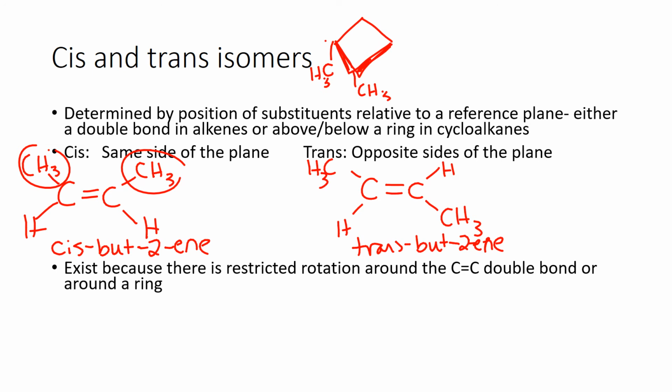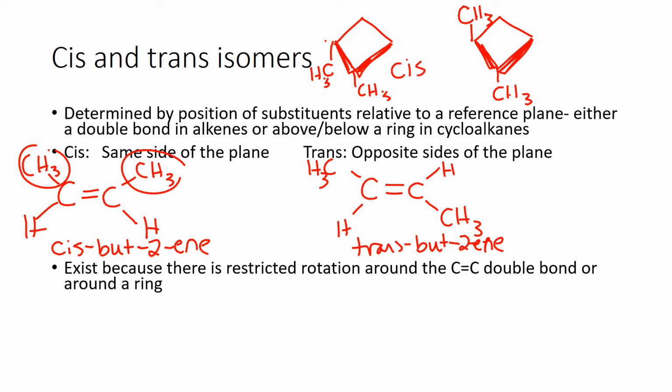And then in the trans isomer, it would look like this. And again, my artwork leaves something to be desired. I am sorry. So the one methyl group is pointing upwards relative to the reference plane, and the other is pointing downwards.